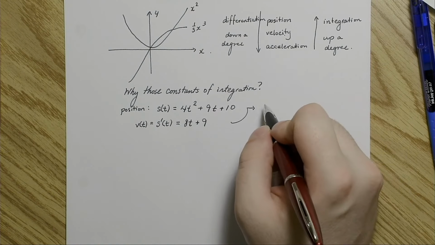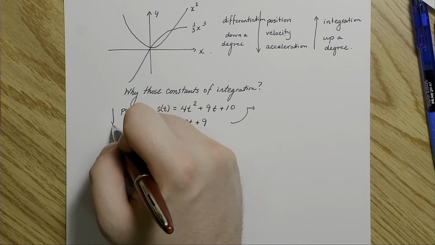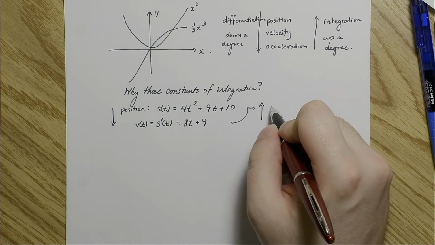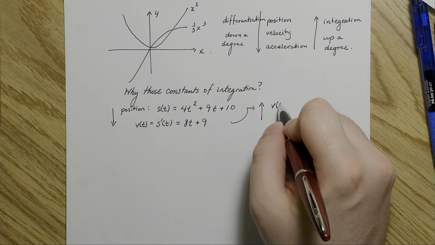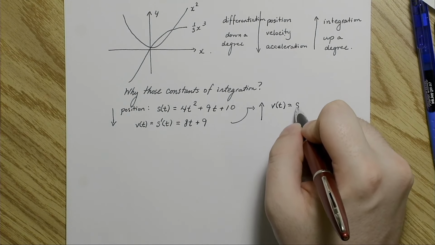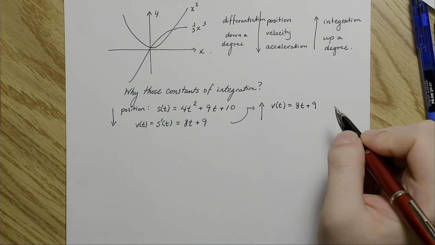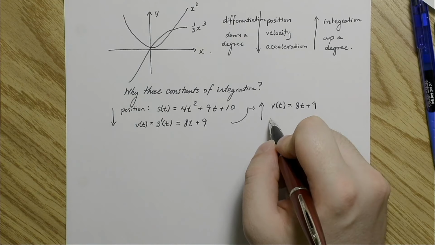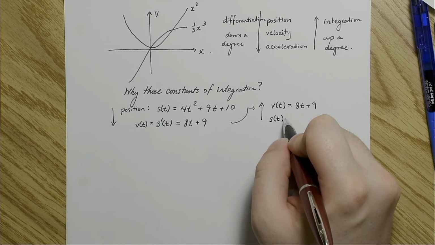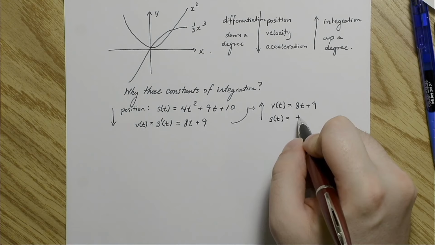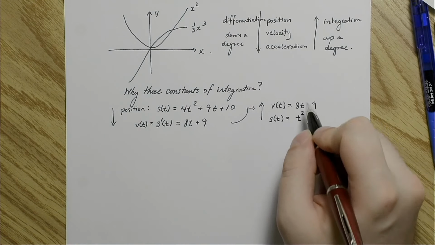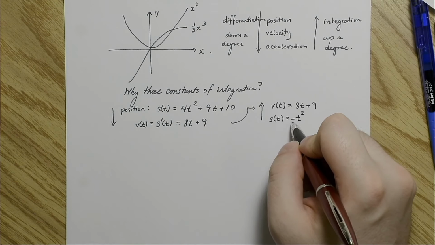What if I went backwards? So this is me going down. What if I want to go back up? In this case, let's start with the velocity function. So I have v of t is equal to 8t plus 9. Then if I want to integrate that, I have t squared, and I need to divide by 2.